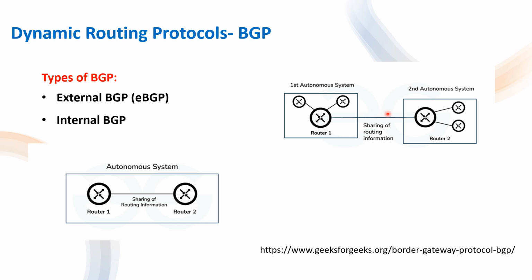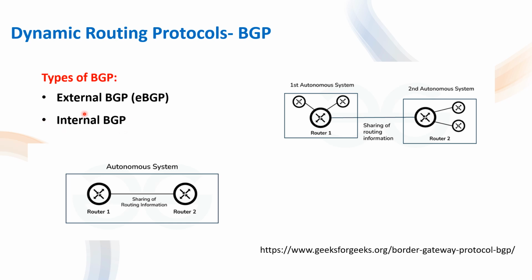It is predominantly used across the internet to connect various networks, ensuring efficient data travel between independent systems. It operates between autonomous systems, making it suitable for inter-domain routing. It enables network administrators to implement policy-based routing, influencing how traffic enters and exits their networks.